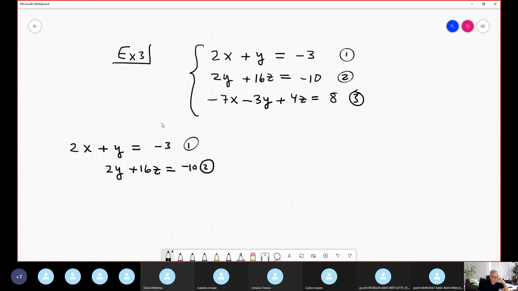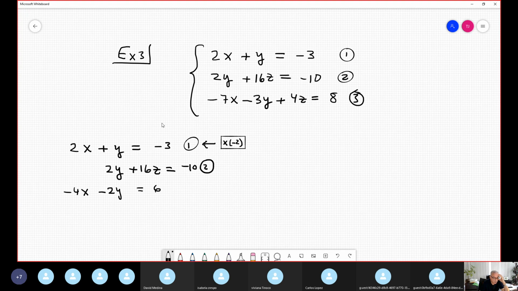Okay, then I make a decision. I multiply the equation 1 by negative 2, because my intention was, you multiply, you have negative 4x minus 2y, that part ready for elimination, equal 6 positive, no?